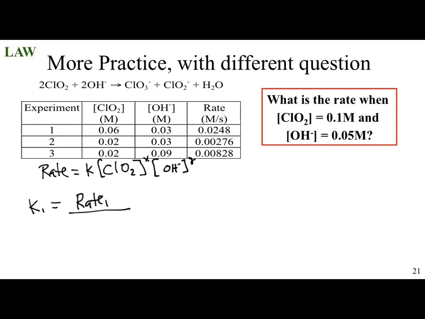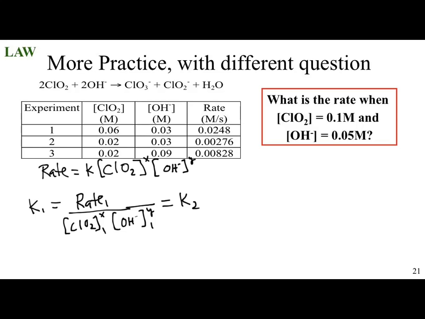Divided by the concentration of ClO2 to some x power of experiment 1, times the concentration of OH minus to the y power of experiment 1. I know the rate constant for experiment 1 is the same as the rate constant for experiment 2. So let's go ahead and propagate that out.